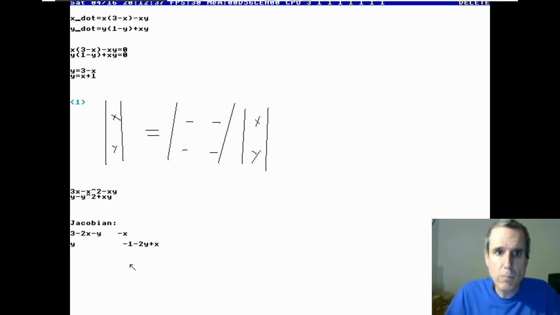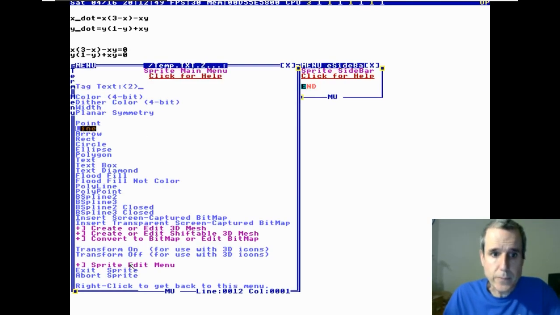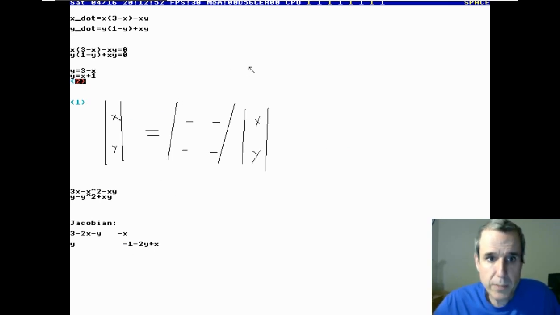So what do we have? y equals 3 minus x. At x equals 0, it's 3, and it's going negative with slope minus 1.